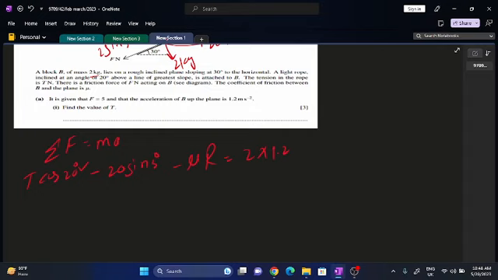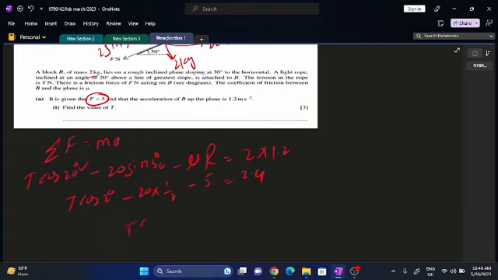Put the relevant values in and simplify. That gives T cos of 20 degrees minus 20 times 1 by 2, since sine of 30 gives 1 by 2, minus mu R, which is given as 5. Plug in the value, that equals 2.4.